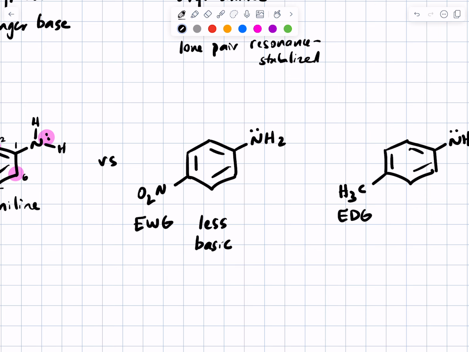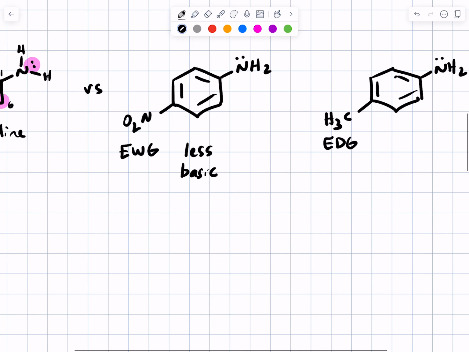So let's see if you know the answer better than just random. Why? Go ahead. Because the nitro group is electron withdrawing, which makes the benzene then electron poor, so now that pulls the electrons further. Right. That's the reasoning, that the nitro is an electron withdrawing group via resonance.